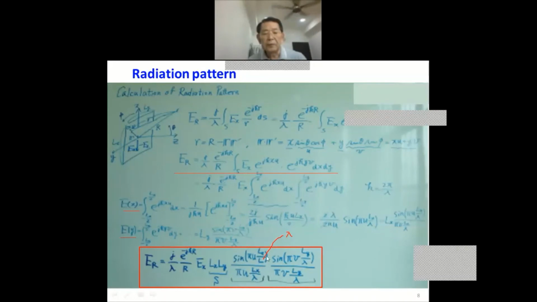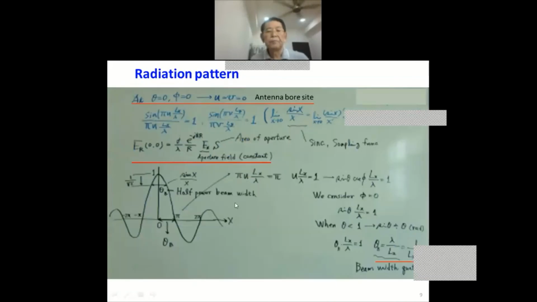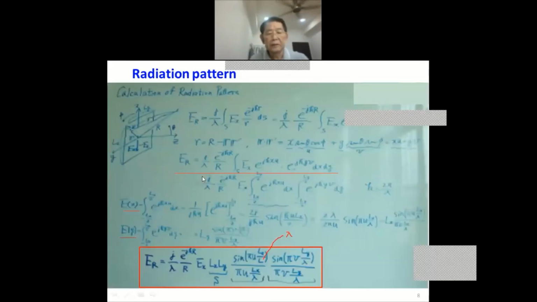This function is very special, the sampling or sinc function. This is also a sinc function. So from now, this is the sinc function, sine x divided by x. This is x.